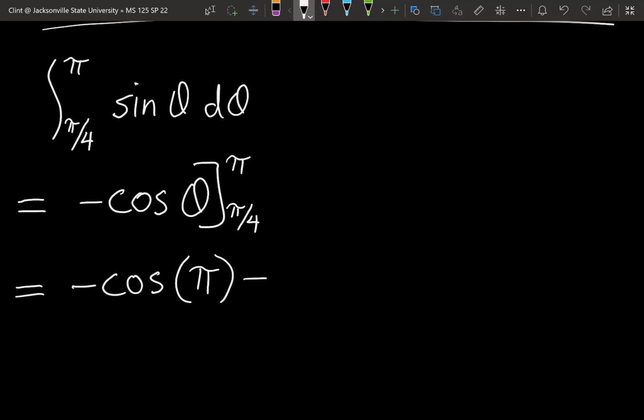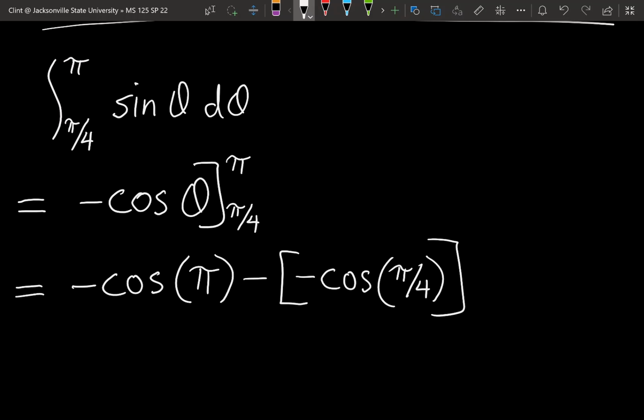Top number first. If you're using your calculator on these, make sure you're in radians.